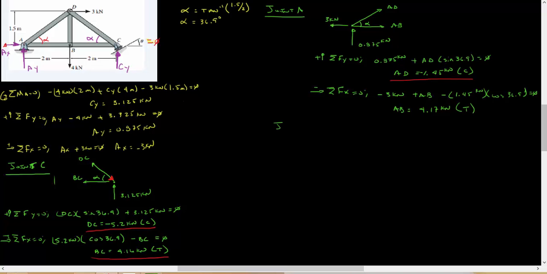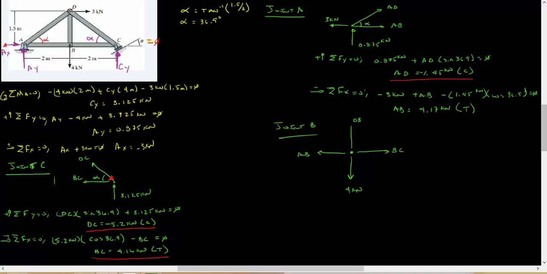And then the last one is joint B. So I've got all of these. So I have BC, AB, I got my 4 kilonewtons going down, and then I have DB.